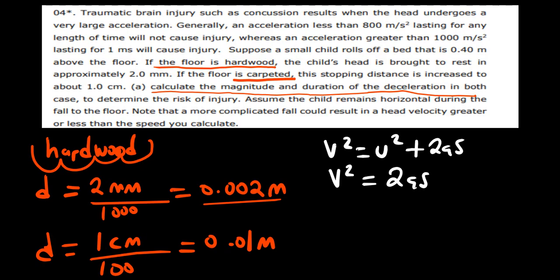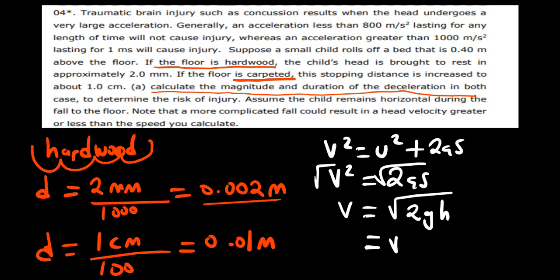Then we take the square root on both sides to find the final velocity. The final velocity will be the square root of 2gh, because it's falling under the influence of gravity. So the velocity will be the square root of 2 multiplied by 9.8 meters per second squared, the acceleration due to gravity, multiplied by the height, 0.4 meters.